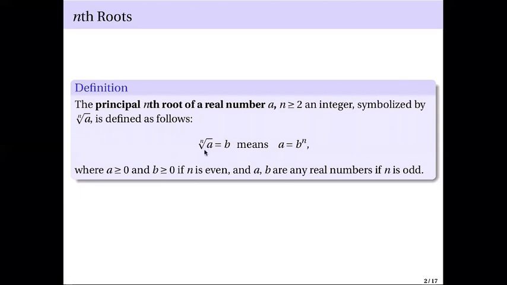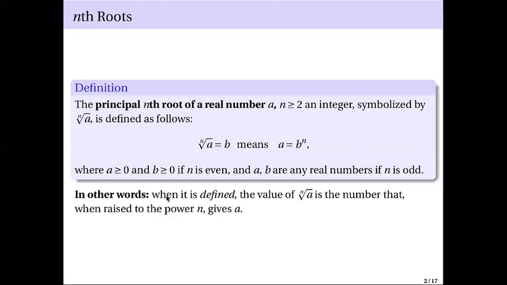It's called a radical, and it is equivalent to a certain power. So the nth root of a equals b means that the value of a must be equal to b to the n.